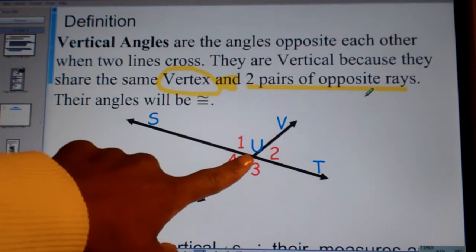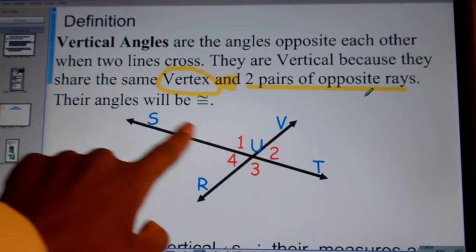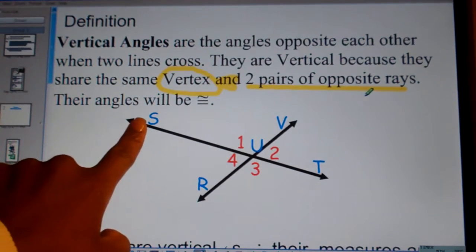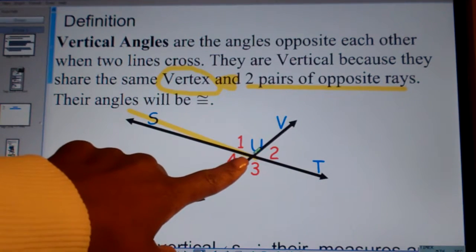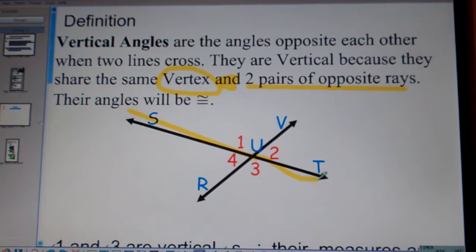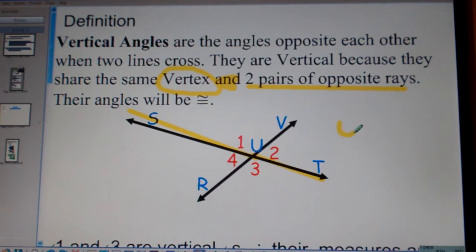The first pair is US, which is the one ray extending upward this way, and its opposite ray is UT. So US is the first ray, and then we have the second ray, which is UT.